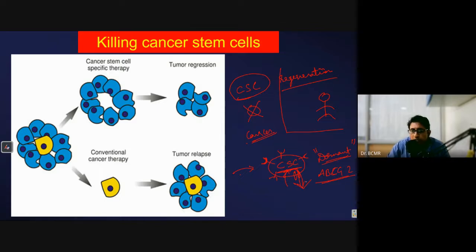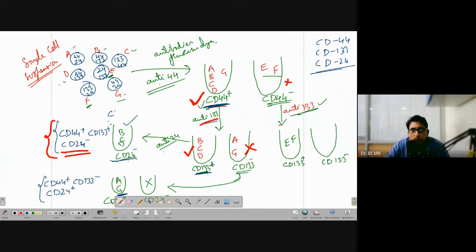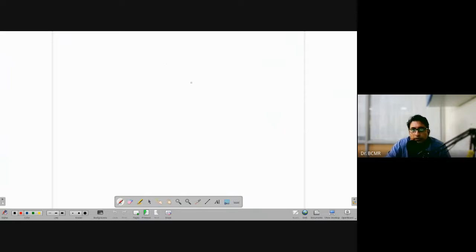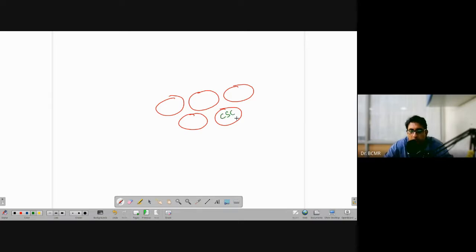And in that case, how can we specifically attack cancer stem cells? The idea would be something like this. Assume we have some tumor cells, and out of which some of them are cancer stem cells. I will just put this as cancer stem cell.